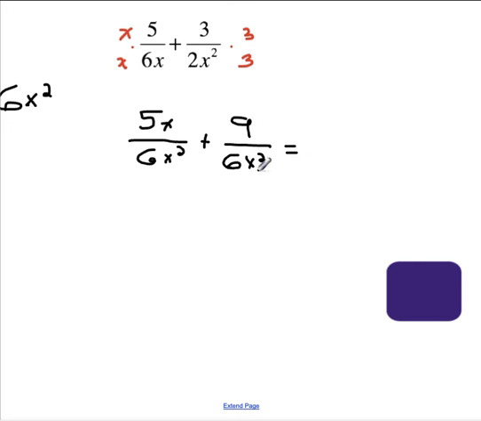Now I can combine the two numerators because I now have a common denominator. I get 5x plus 9 in the numerator and the denominator remains 6x squared.